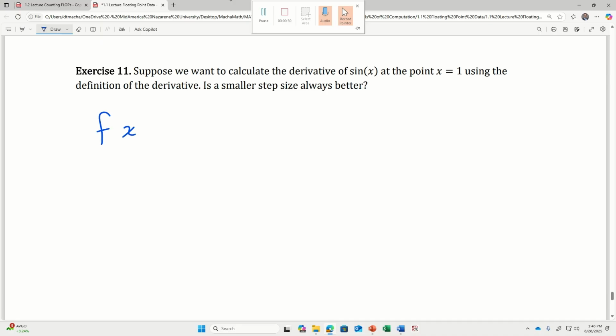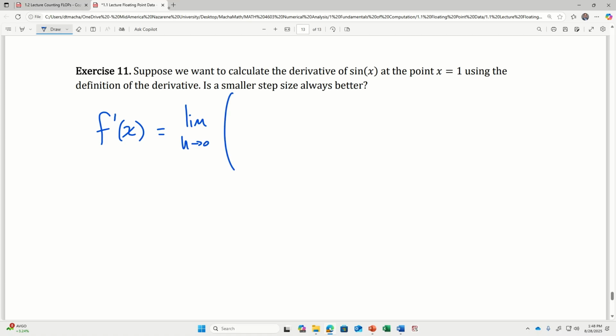If I have a function f of x, then its derivative, f prime of x, is defined as the limit as h approaches 0 of f of x plus h minus f of x divided by h. Okay, that's what I mean by definition of the derivative. Hopefully you learned that in Cal 1, but then you probably forgot it since Cal 1.